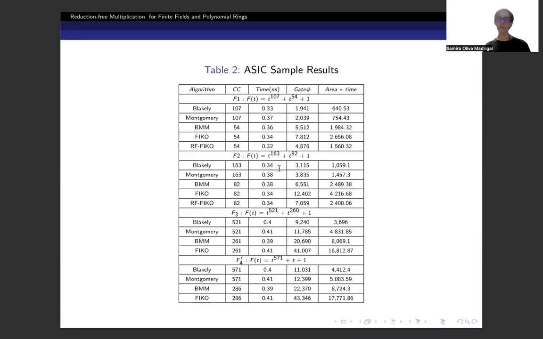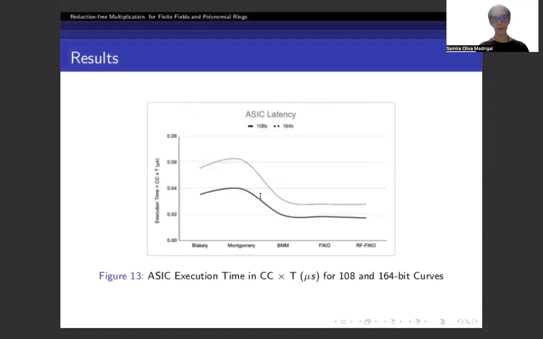For ASIC, the results were similar, except of course faster. RF-FIKO is slightly faster than BMM, and the area times time metric is less, and similar for 2 to the 163.